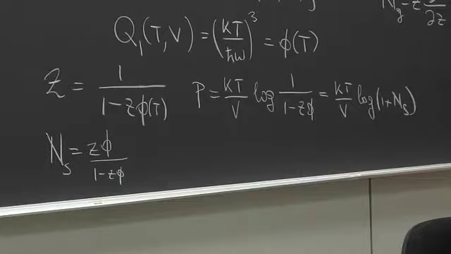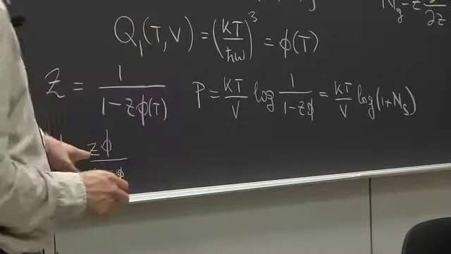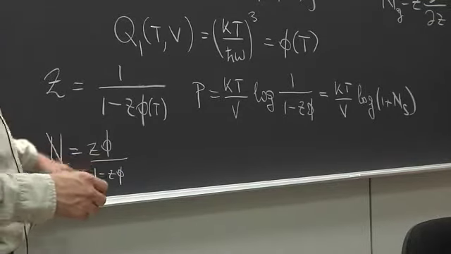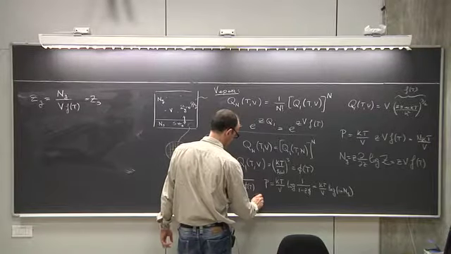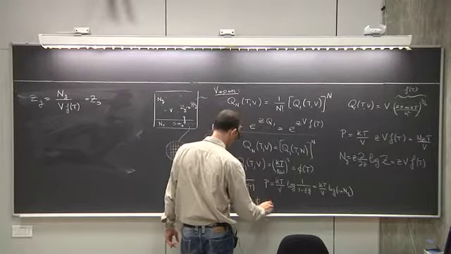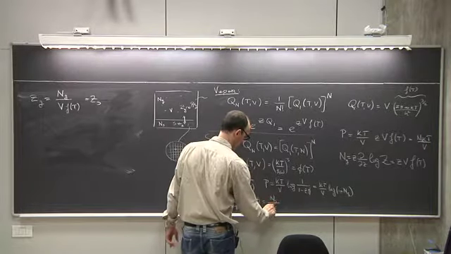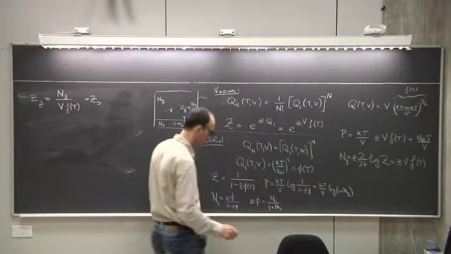Okay, so if you solve for z in this equation, you find that zφ must be equal to n of the solid divided by 1 plus n of the solid. Okay?